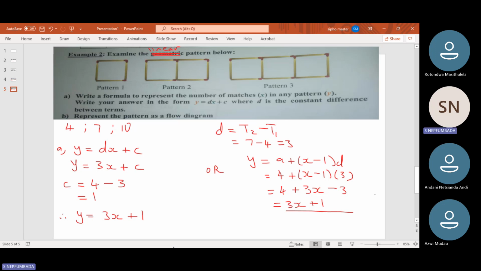Masculina, may you please read the question for us? Represent the pattern as a flow diagram. On a flow diagram, what is needed?